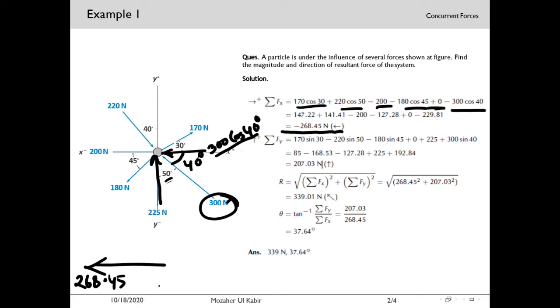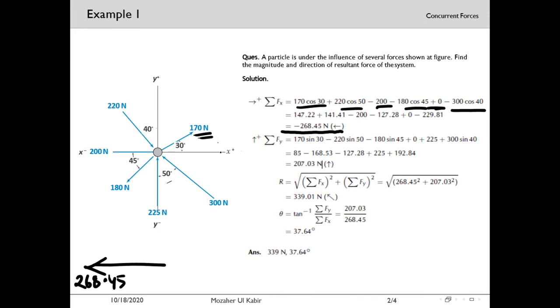Now let's see the values of summation of f of y. Again, starting with the first one, 170 Newton.